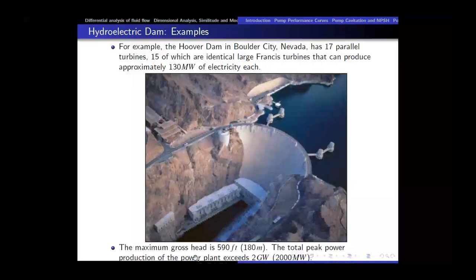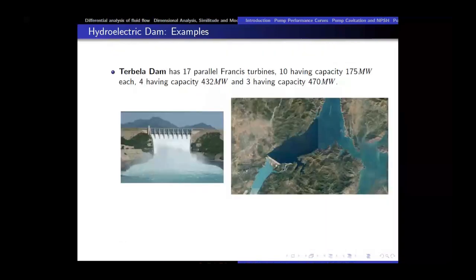So this is the elevation head, and here we have the turbine and generator installed in this structure. Now let's move towards our national hydroelectric dams. Like in Tarbela Dam, we have 17 parallel turbines, with a capacity of 175 megawatt each.